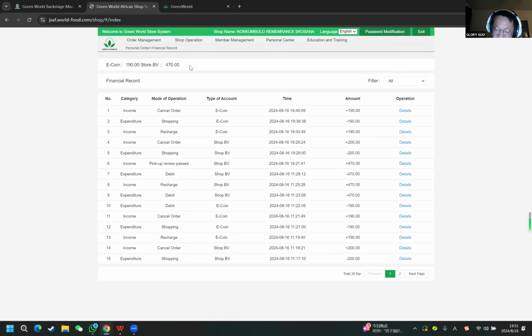And before the 15th, you are allowed to put in the order forms for the previous month. This is only for Johannesburg branch.